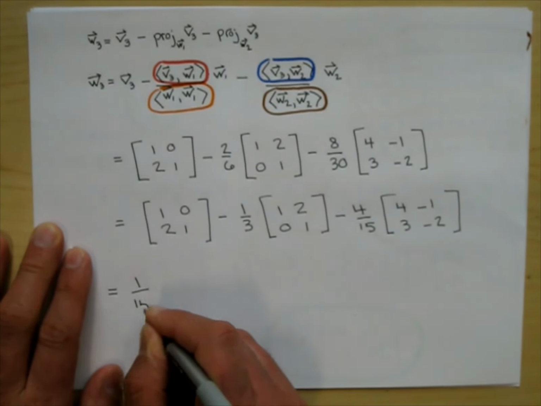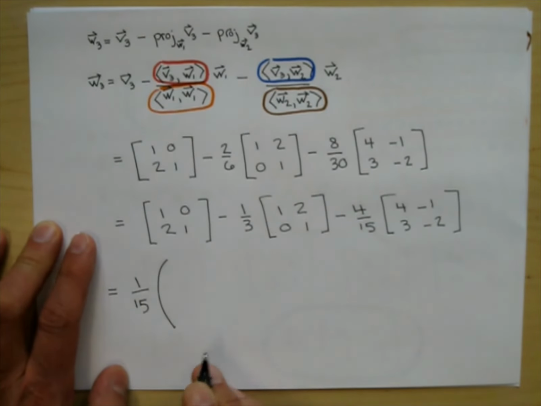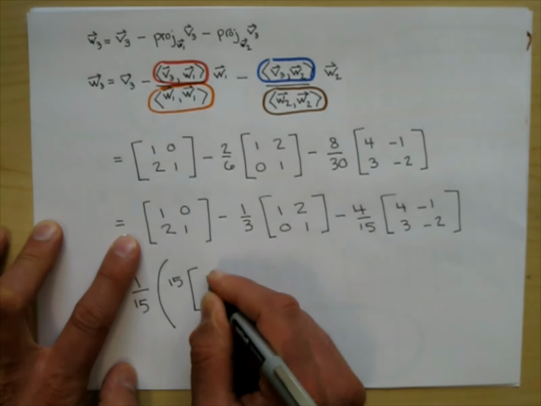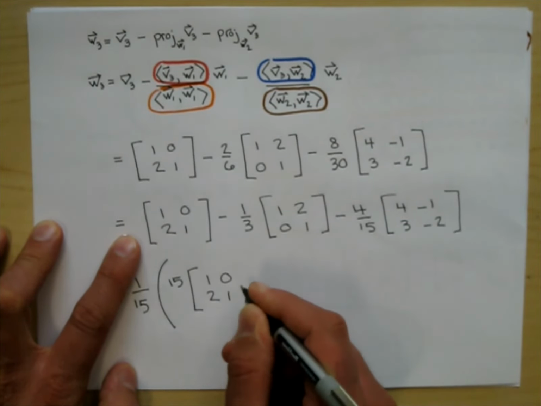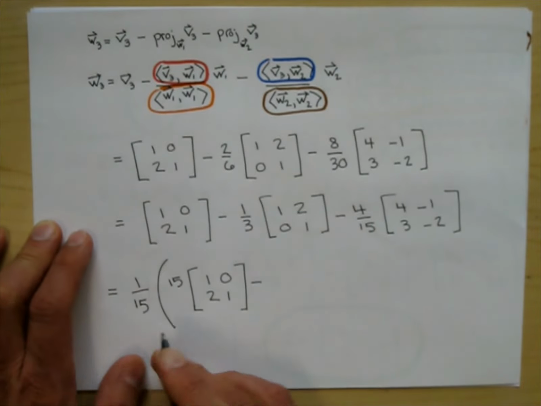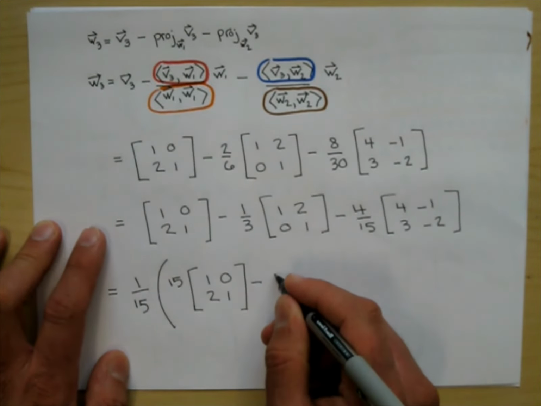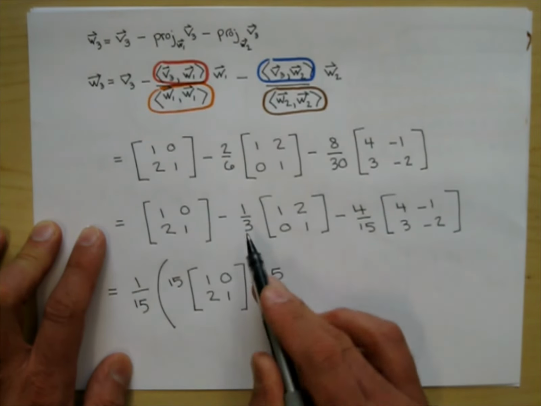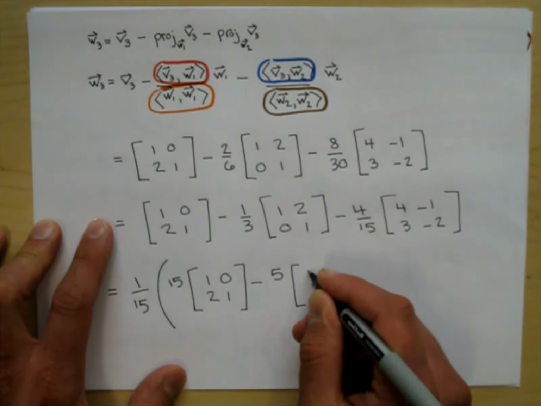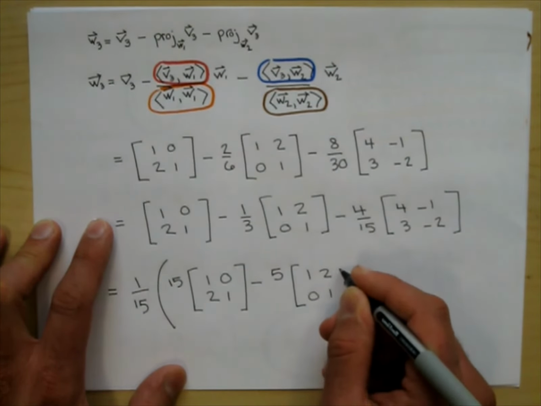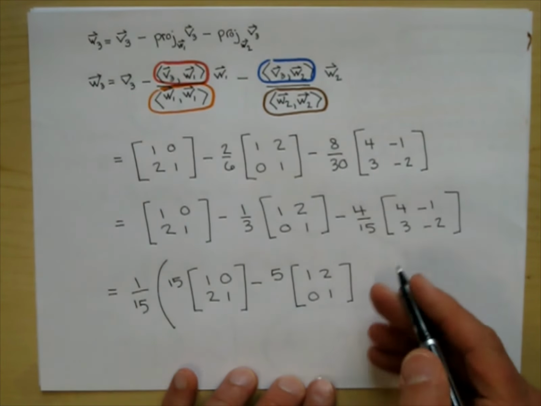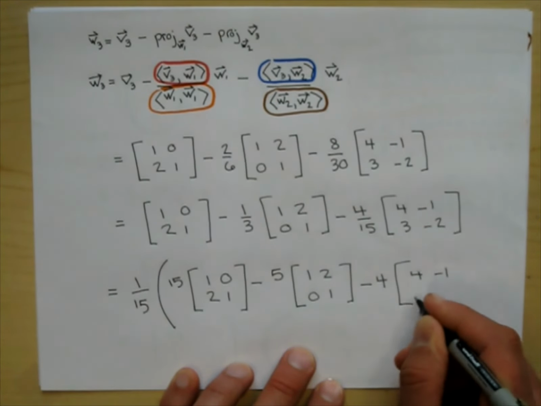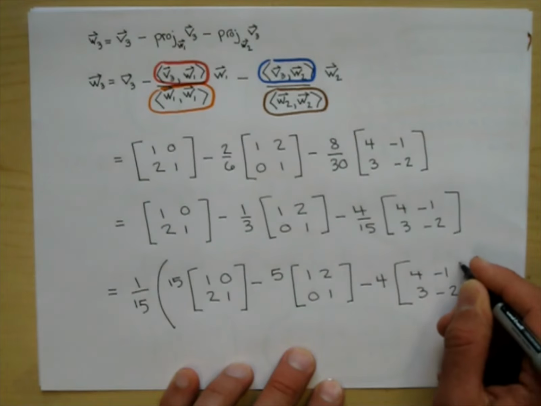That gives me 15 times the first vector 1, 0, 2, 1, then minus 5 times 1, 2, 0, 1, since 5 times 1 over 15 is 1/3, and then minus 4 times 4, -1, 3, -2.